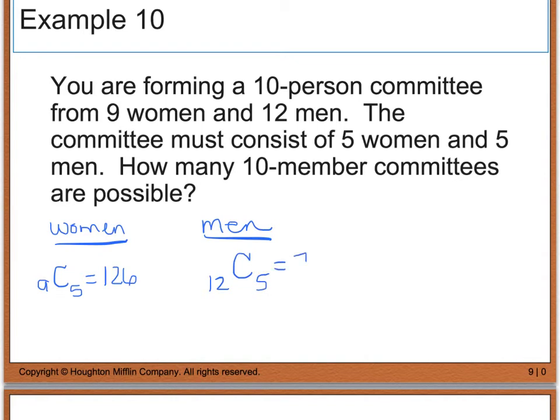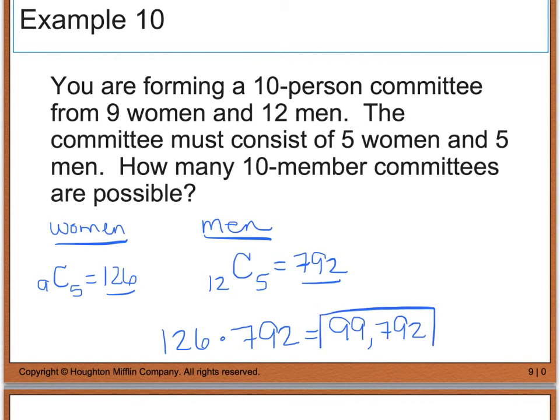This gives me 792 different possibilities. Now because I have 2 separate events here, and I want to know how many committees I can form, I need to multiply the 126 by the 792, and this gives me 99,792 different 10-member committees that are possible.